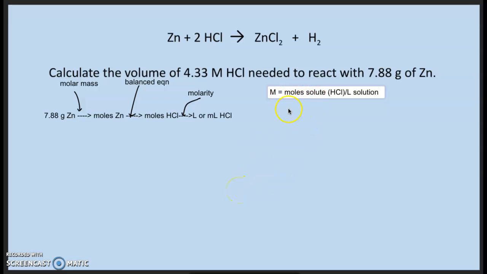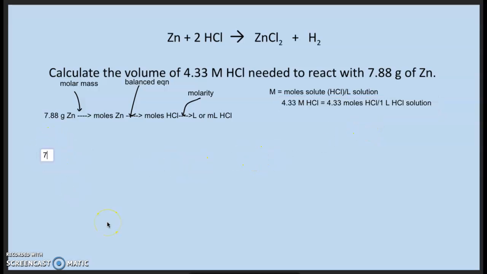Right there you have a fraction, a conversion. And so we can turn this 4.33 molar HCl into 4.33 moles of HCl divided by 1 liter of HCl solution. And that can be our conversion factor. We just have to apply it the correct way.